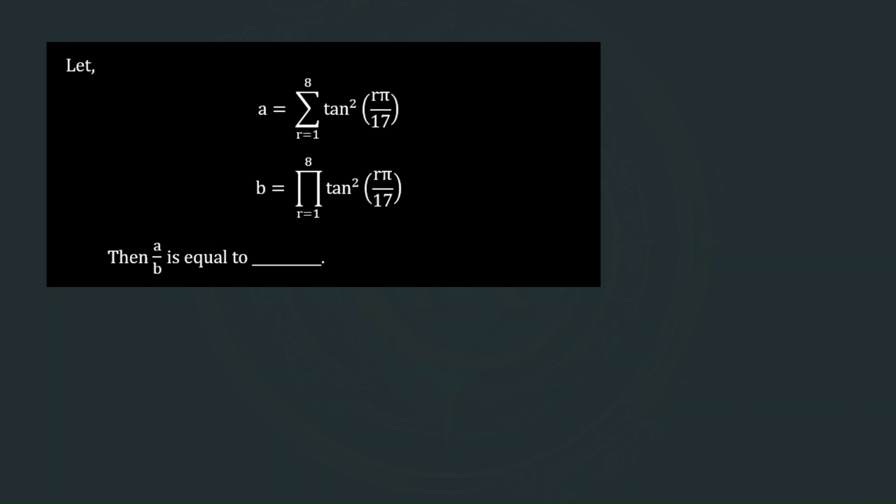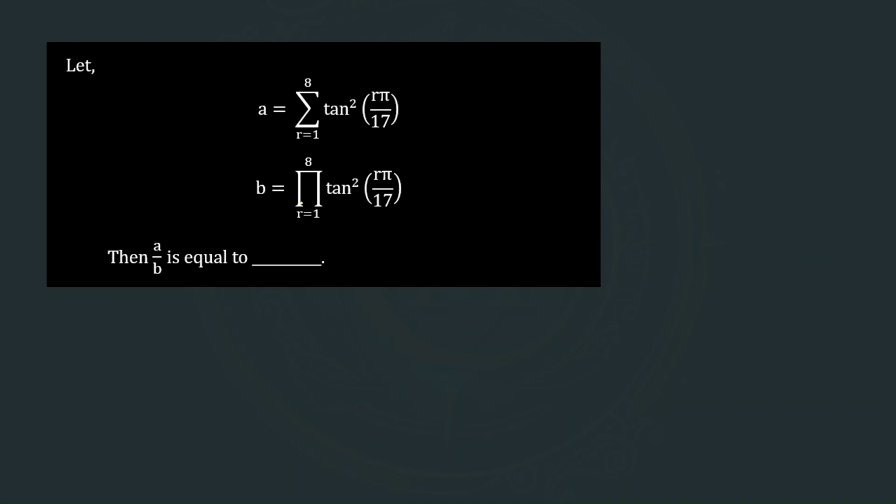Now how to think? Let us focus on the pattern of this series. Here it is summing tan square pi by 17, tan square 2 pi by 17, tan square 3 pi by 17 up to tan square 8 pi by 17. And here it is talking about the product of all those terms.